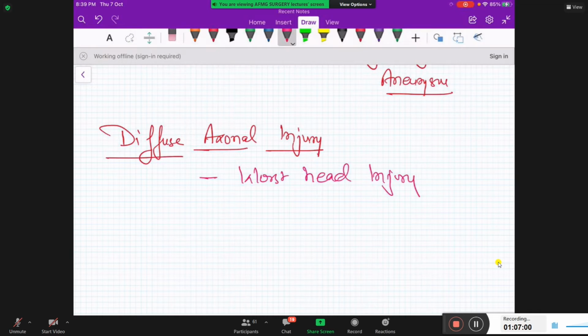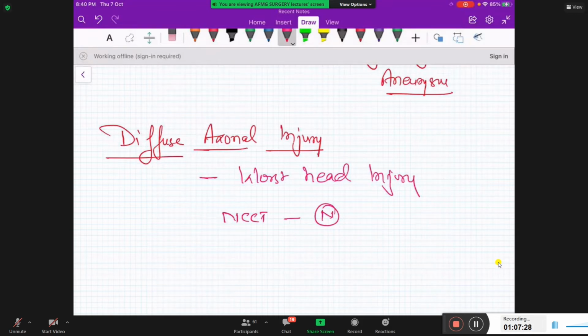Diffuse axonal injury is one head injury out of so many head injuries where non-contrast CT can be normal. So it doesn't mean that if a non-contrast CT in any patient of head injury is normal, he doesn't have a head injury. In a patient of head injury, non-contrast CT can be normal also.